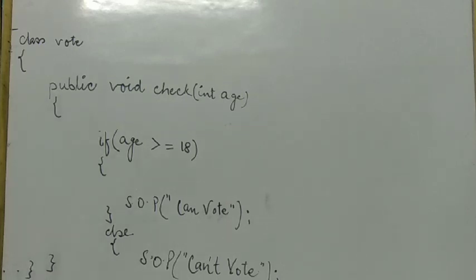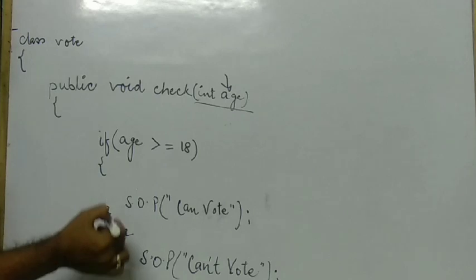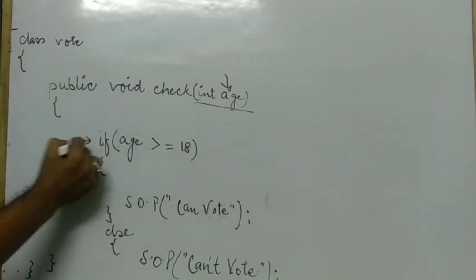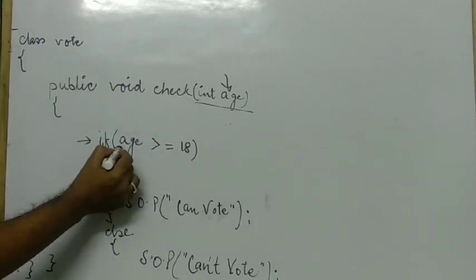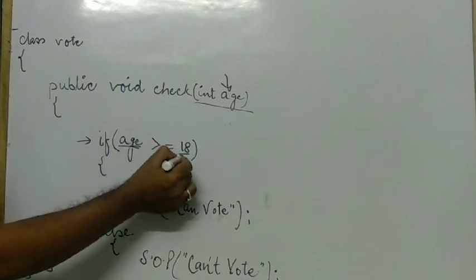Okay, in this part, firstly the class name Vote, then public void check, int age. Here we are taking the age as input. Now in the next line, we are checking whether the value of age is greater than or equal to 18.